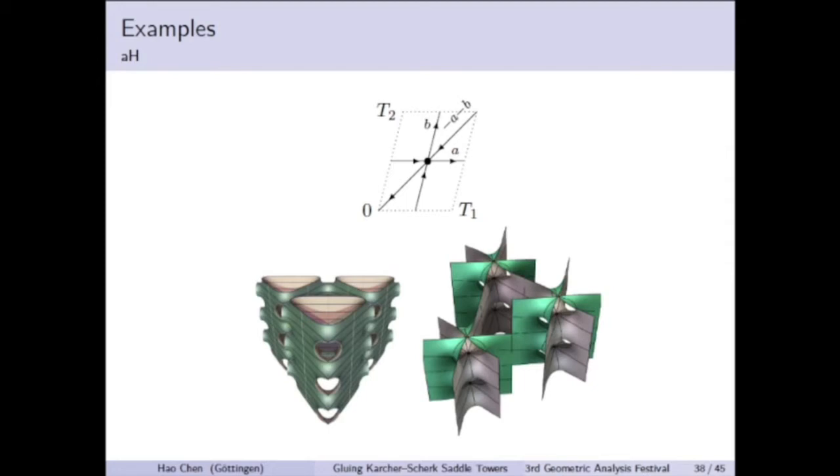This new 5-parameter family contains two surfaces that were previously known. One is Schwarz H surface, as you see in the bottom left. The other is the rhombohedral deformation of the gyroid, as you see on the bottom right side.